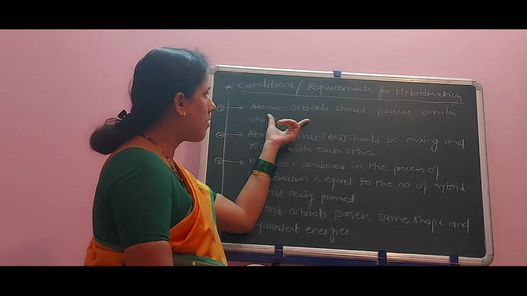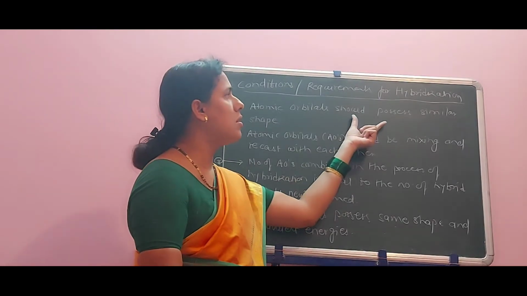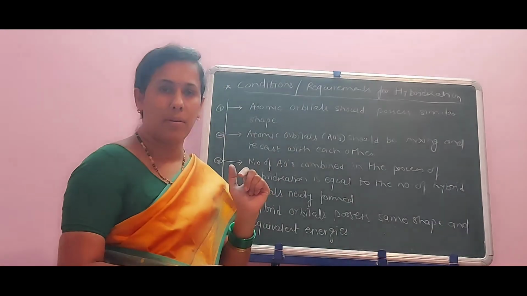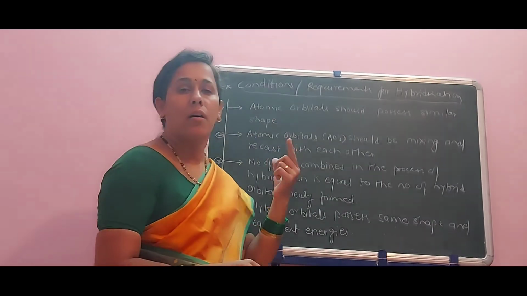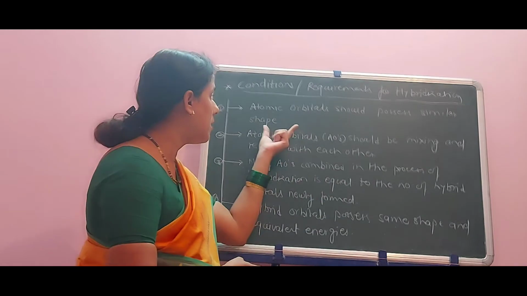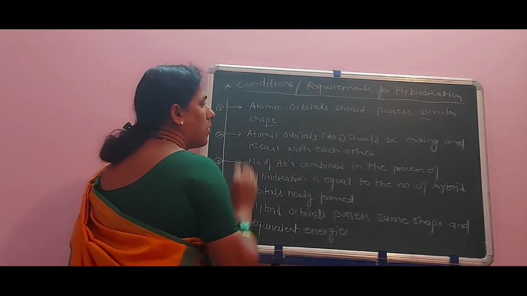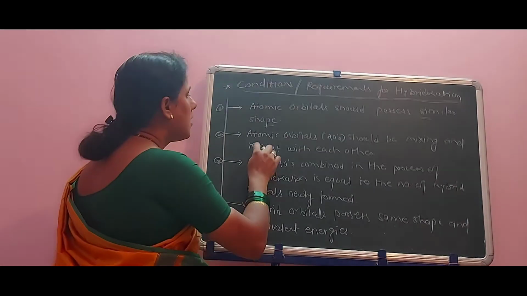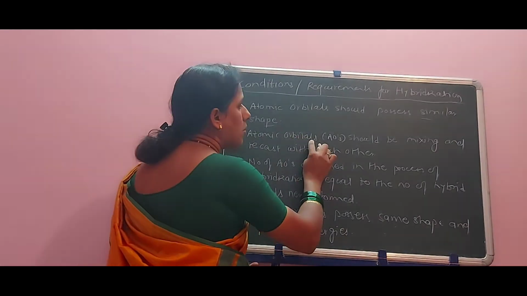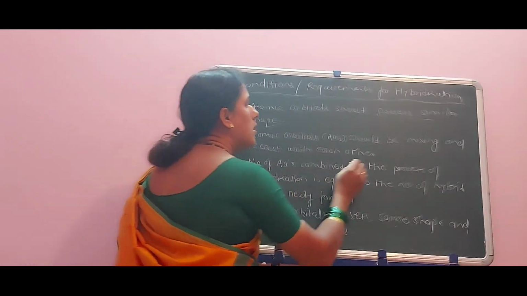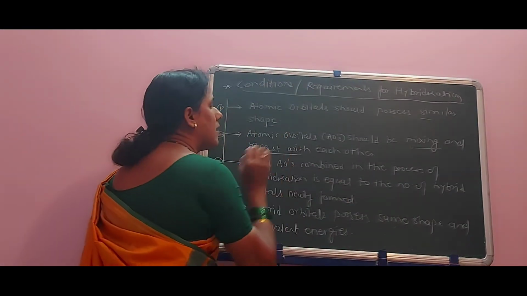What is the first requirement? Atomic orbitals should possess similar shape. Whatever atomic orbitals take part in the hybridization, they should possess similar shape according to our definition of hybridization. Second, atomic orbitals, that is AOs, should be mixing and recasting with each other.